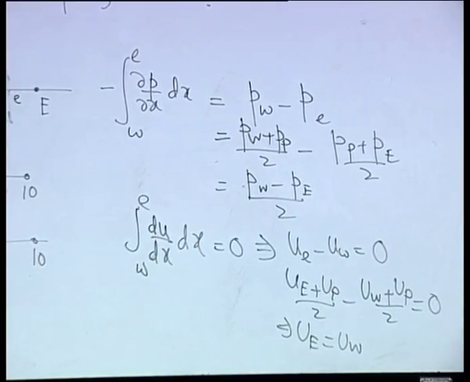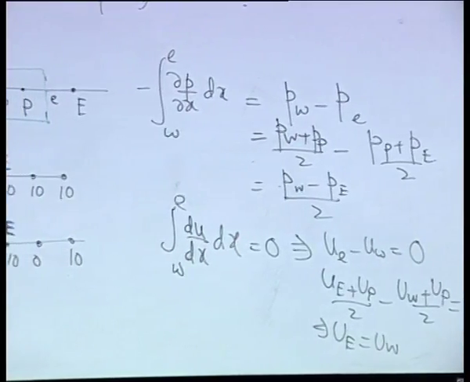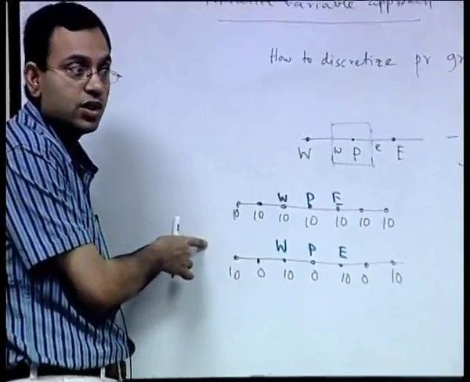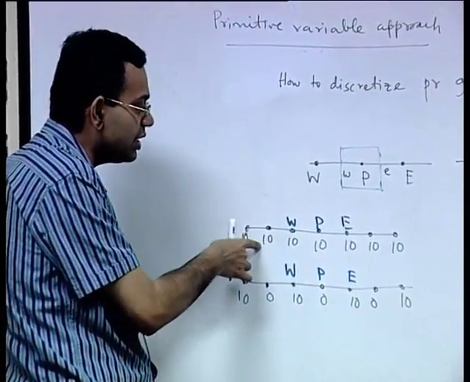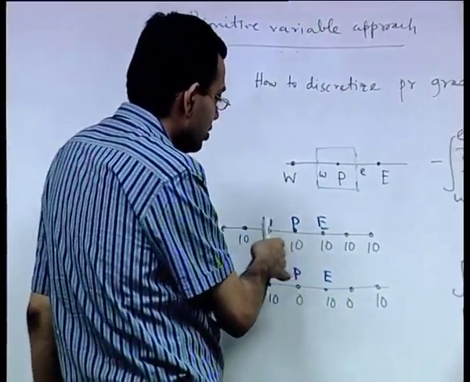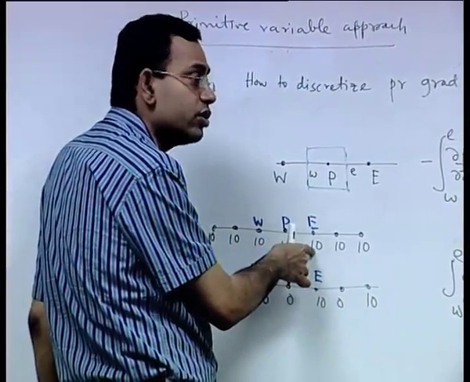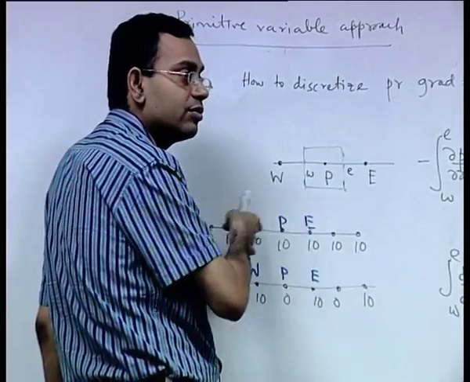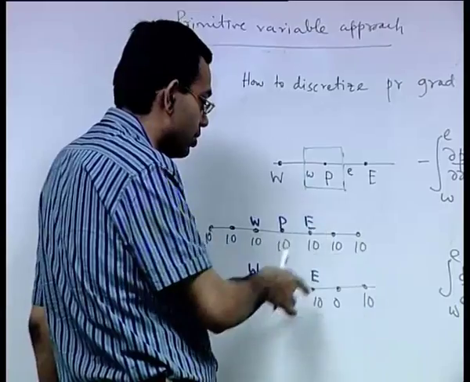Instead of the pressure field, let us consider these as velocity fields. This velocity field satisfies u e equal to u w, and this is a uniform velocity profile in one dimension, du dx equal to 0.